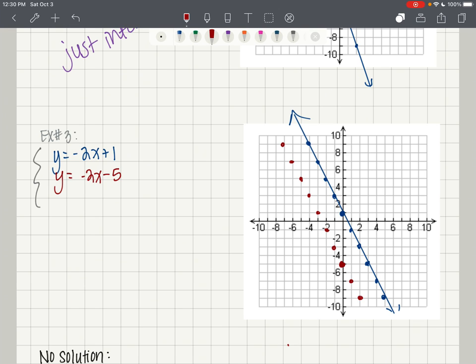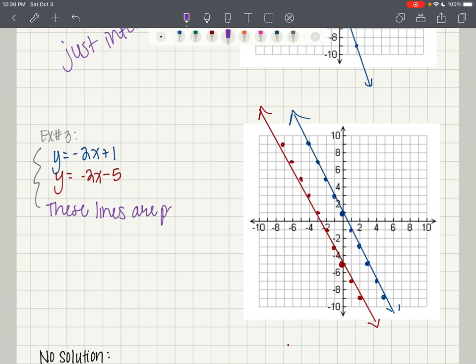So when I draw this, it's not because I can't see the intersection point, but because their slopes are the same. I'm going to get close as I go up 2, but then I'm going to go left 1, and I'm going to have the same slope. So these two lines will never intersect. These lines are parallel.